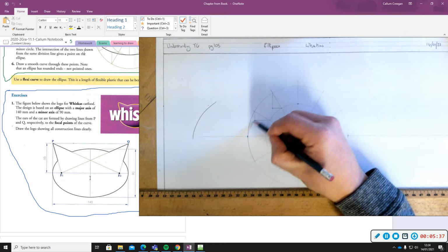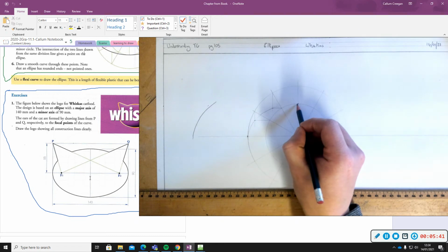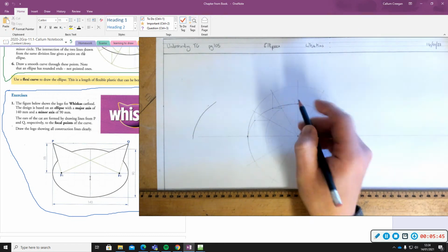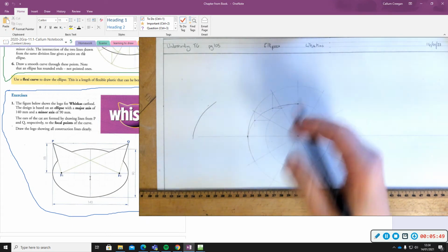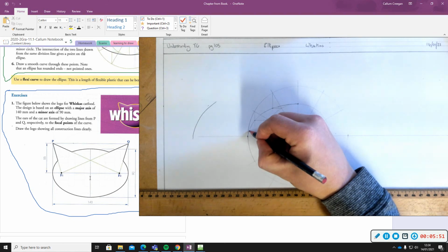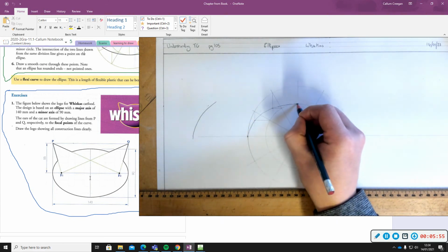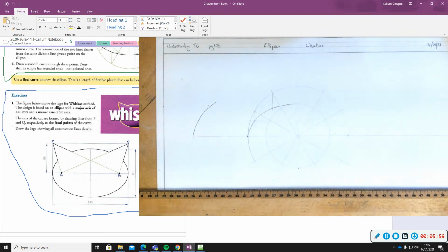So I know I'm going that way, and then going over this way. When I'm happy with where I'm going, I'm just going to go over a bit heavier with my pencil line. And there we have it like that.